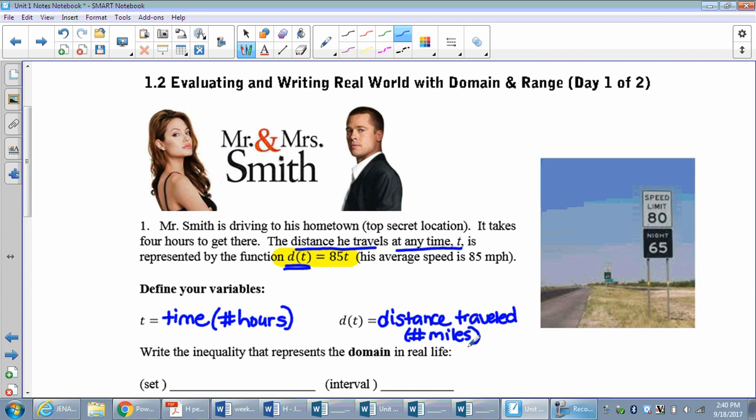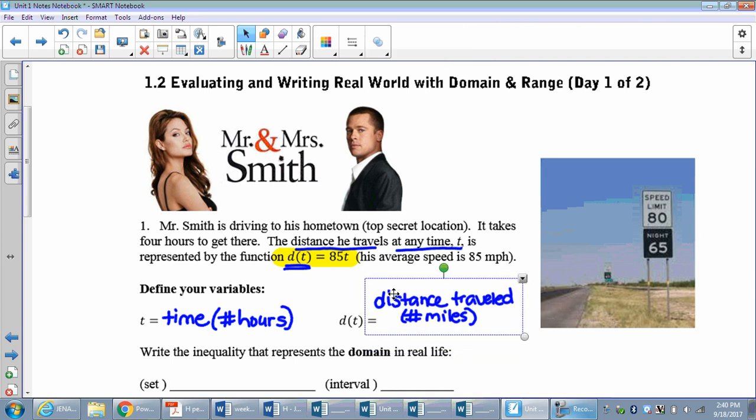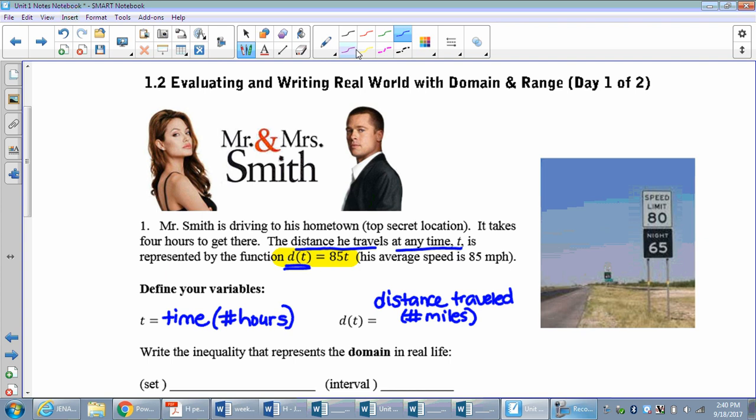We're then asked to write the inequality that represents the domain in real life. So as soon as I see that I'm asked for a domain, I'm just going to move this up a little bit. Our go-to strategy, folks, and I really ask that you use this to help you out. I know that domain is all about my inputs, which in this case is hours.